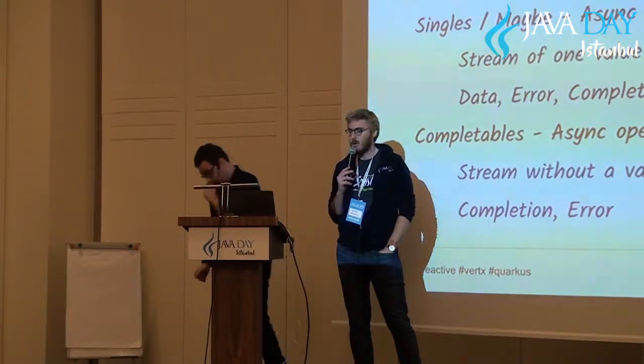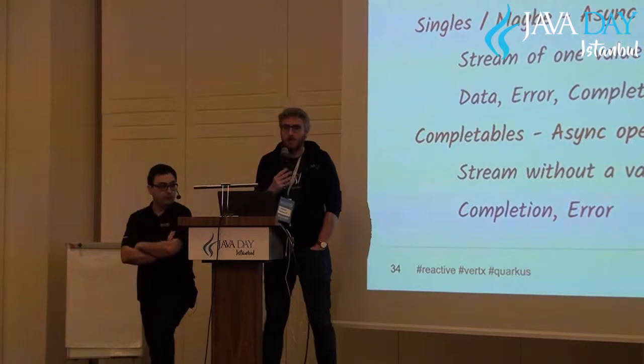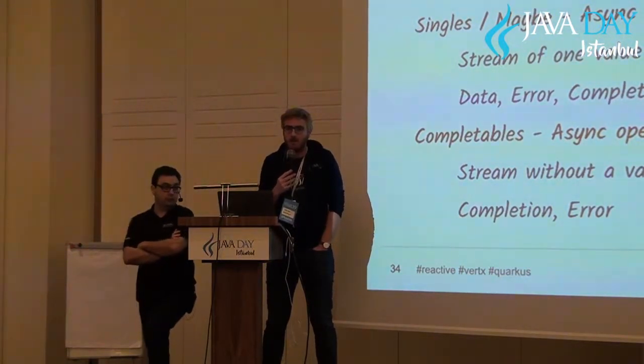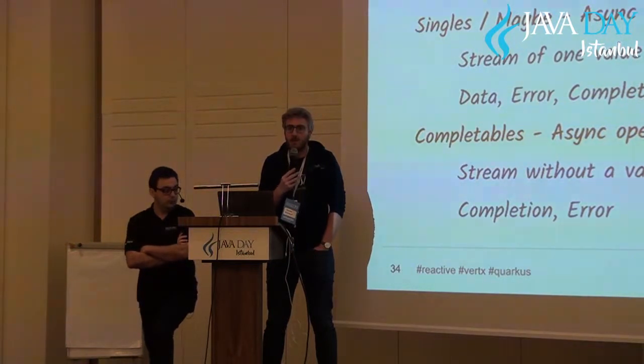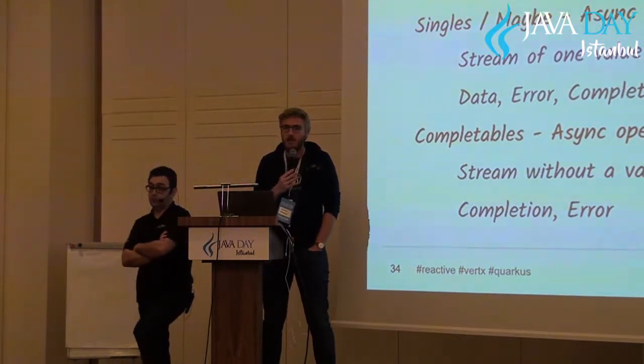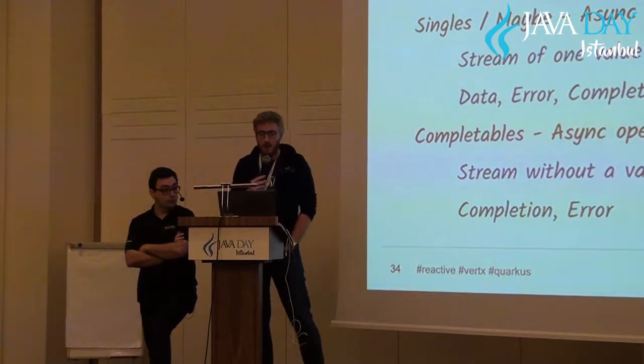So there are different kinds of streams, of course. In Java 8 streams, all the items are ordered and bounded. You have a collection on top of which we are describing data flows. But in reactive streams, that can be unbounded. We can have events on a stream that cannot finish and are unbounded.